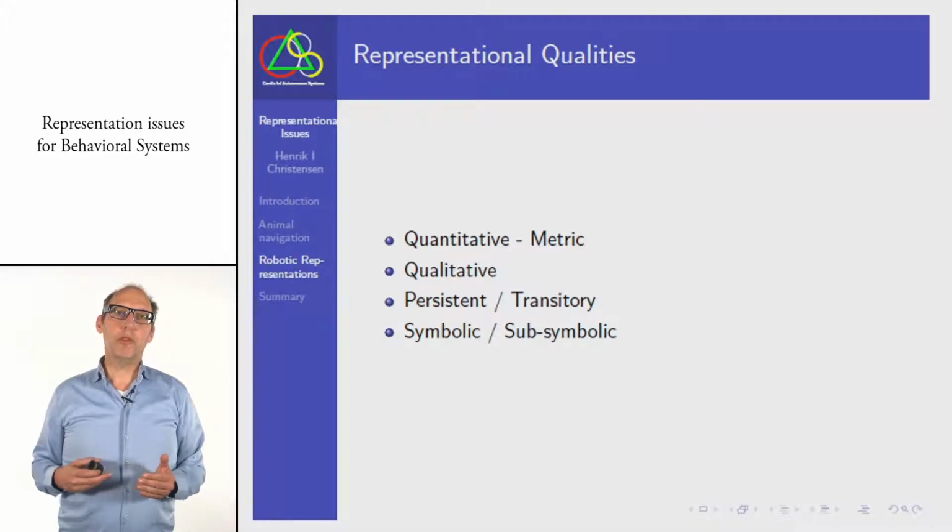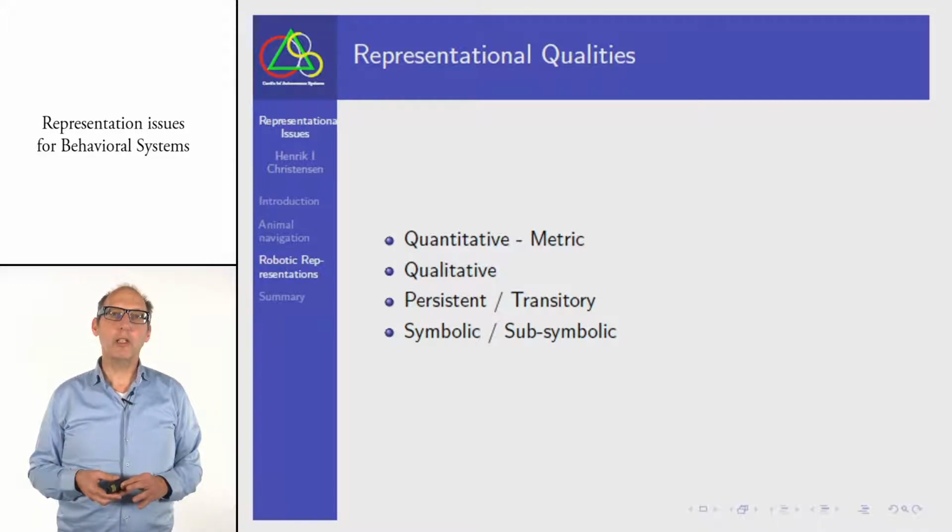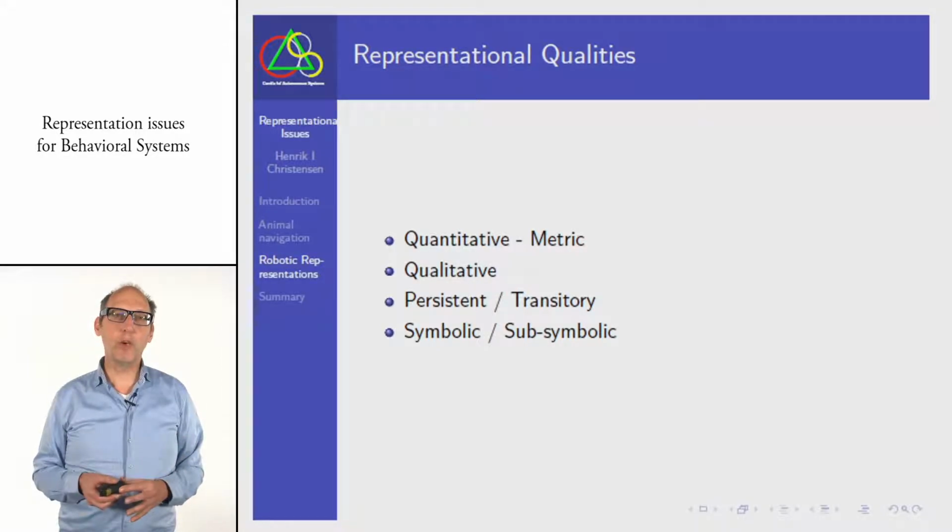At a certain moment, you can process that, and you have qualitative information, for instance whether an object is there or not. Part of these things are persistent, that you have to remember in the long run. Part of it, like the cup, you can get once you're done drinking, and you can also have that on a symbolic or a sub-symbolic level.